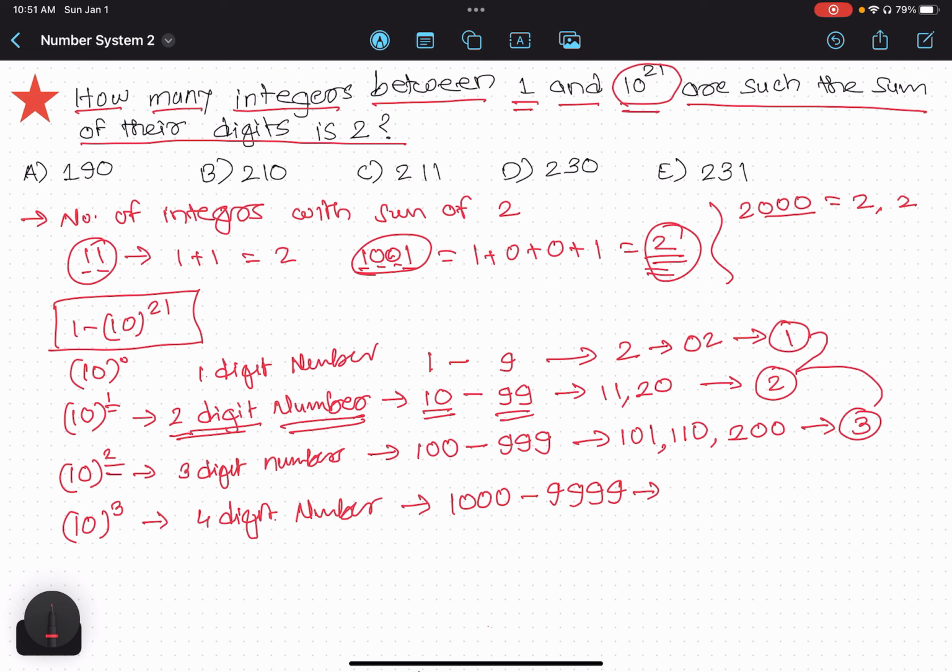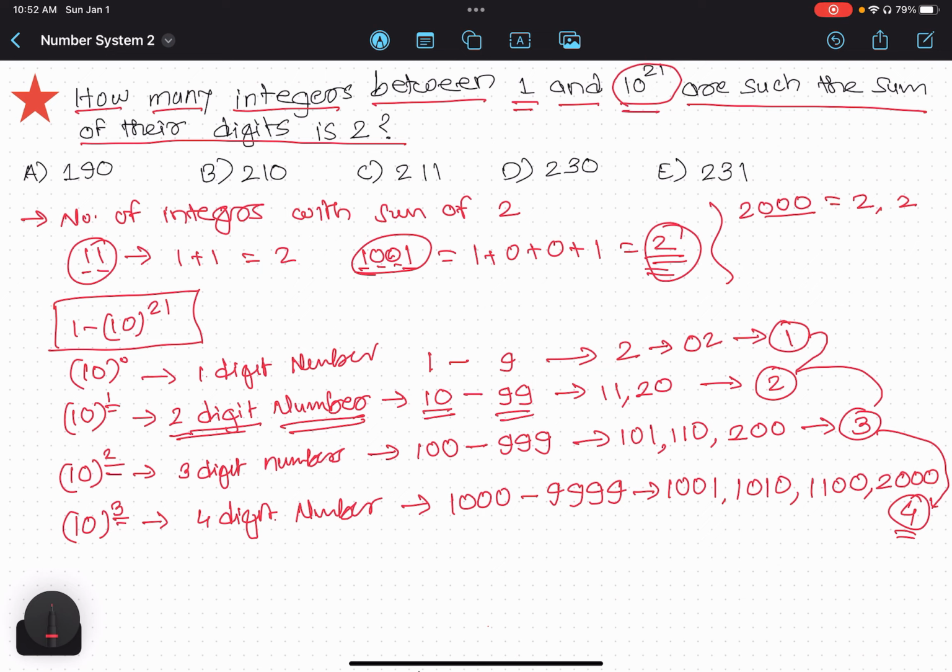How many numbers are there? 1001, 1010, 1100, and 2000. So how many occurrences? 4. What we understand from this is that each time we increase the power, the occurrence increases.